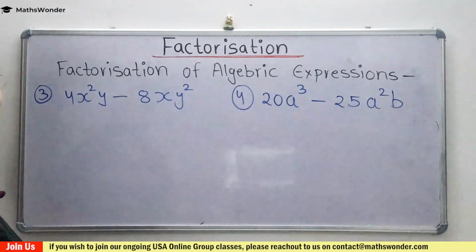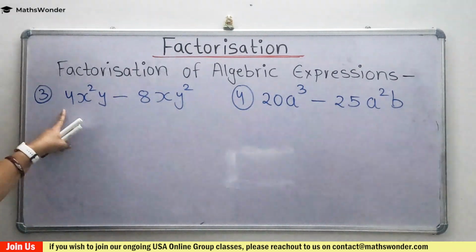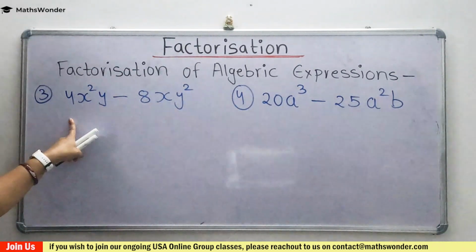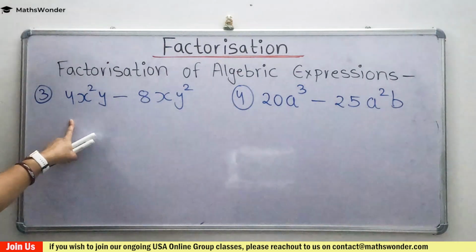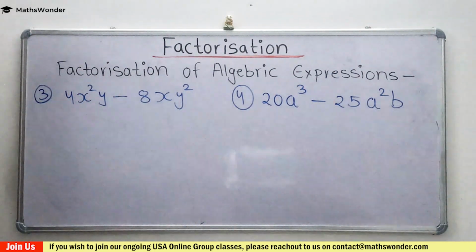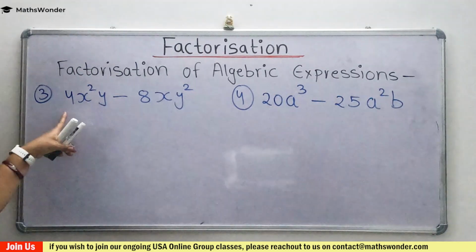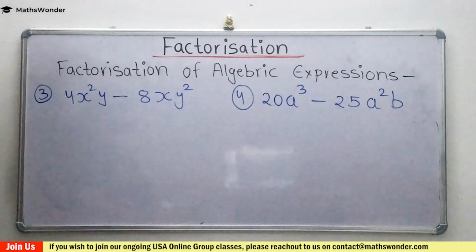Okay, try this one, third and fourth. Now find out the GCD, the greatest common monomial. 2 and y. 4 and 8. What is the common multiple? 2. Really? Common multiple? Okay, it's 16.